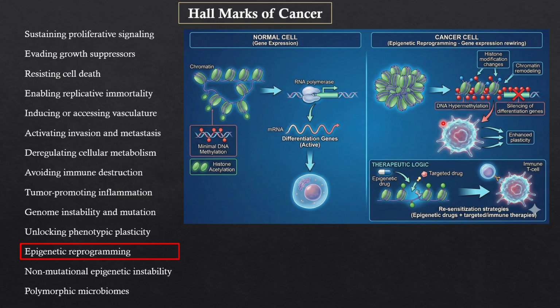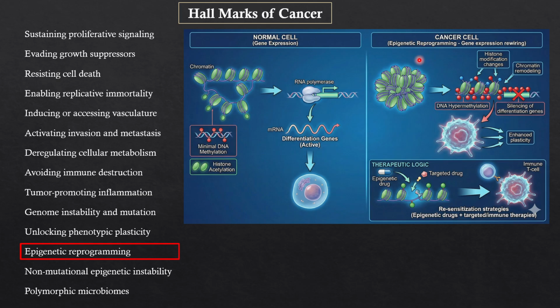Then comes epigenetic reprogramming. So basically, in normal cells, gene expression happens when the chromatin, which is tightly regulated in the histones, with minimal DNA methylation and acetylation of the histone proteins, opens, and as a result there can be the formation of mRNA for the differentiation genes, and they become active.